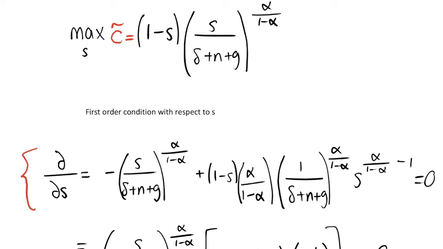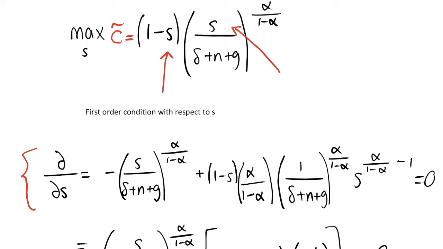But we notice that S appears in this 1 minus S term, and it also appears in our S over sigma, or S over delta plus N plus G. So it's going to be a little bit tricky to differentiate.